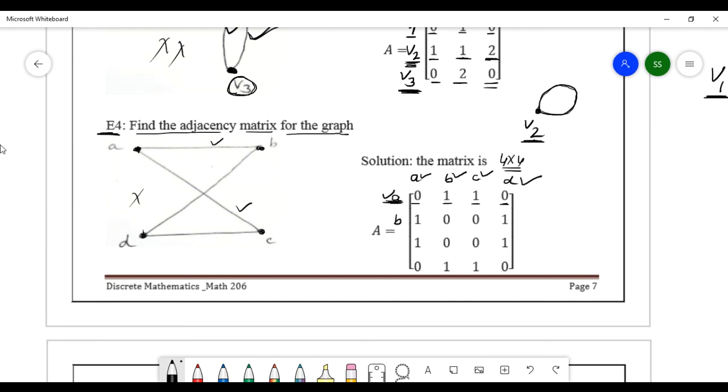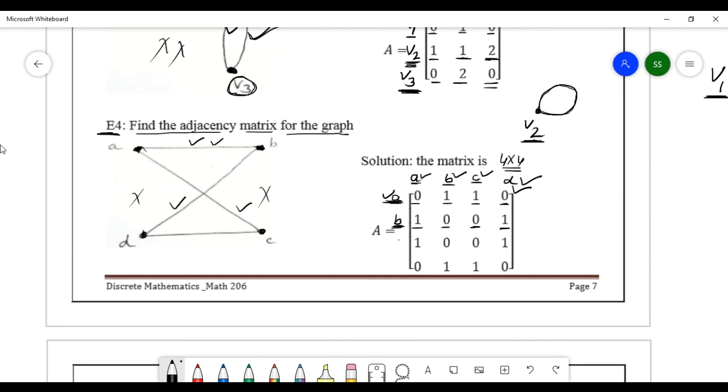Now start from B, the second row. B to A. Here, since it is an undirected graph, B to A is 1. And now B to B, the same point, no loop here, 0. And now B to C, no edge, so 0. And now B to D, here one edge exists, so here 1.